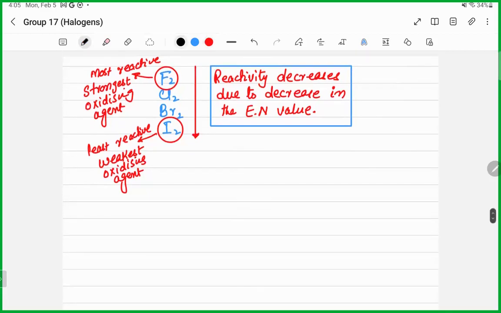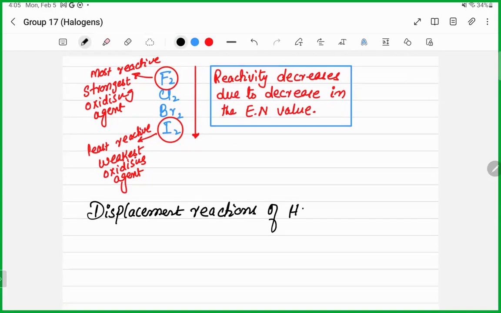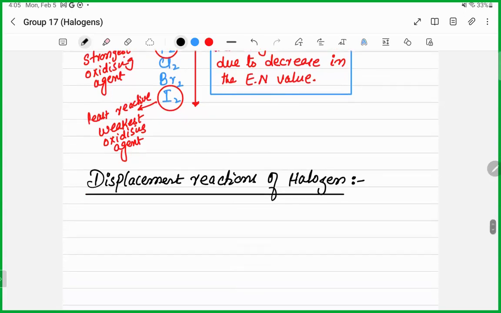ठीक है? Keeping this one in mind, let's move towards the displacement reaction of halogens. यानी अगर आपके पास कोई कंपाउंड है less reactive halogen का और आप add करते हैं more reactive halogen, it can easily be displaced. हम O level से पढ़ते आ रहे हैं.